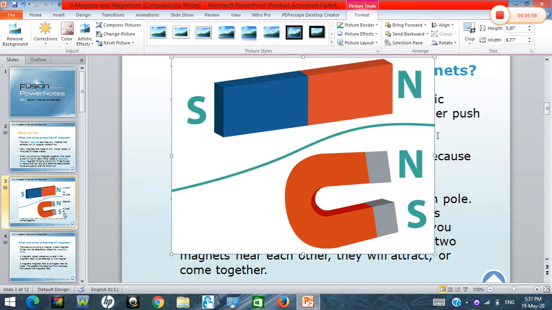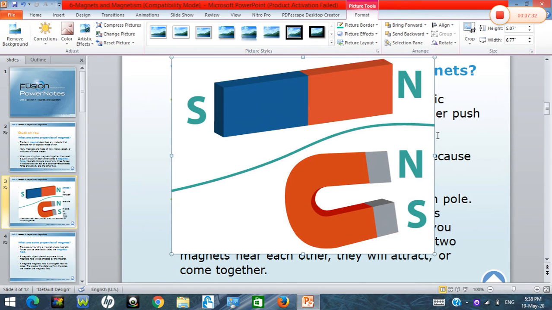You will find that the similar poles, north and north, south and south, will repel. Between them will arise a force called the repulsion force. So they will repel, move away from each other because they are similar.